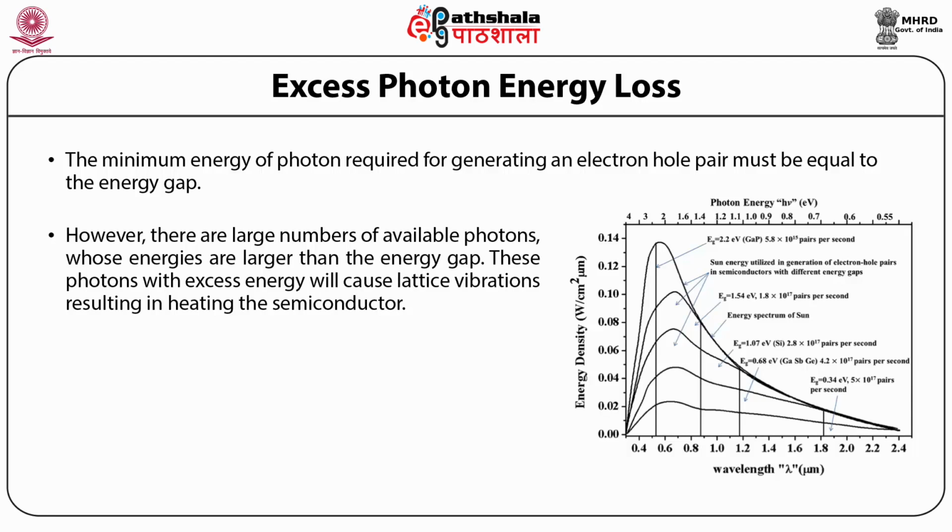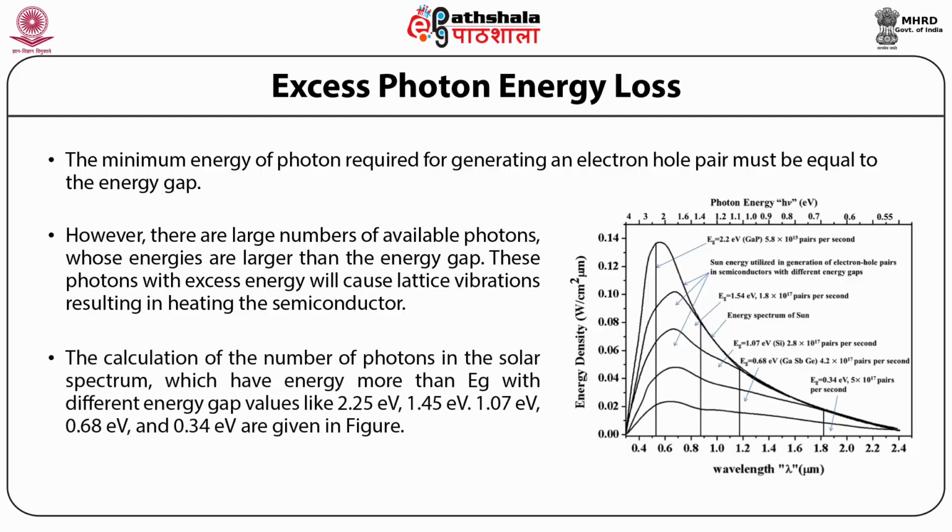However, there are a large number of available photons whose energies are larger than the energy gap. These photons with excess energy will cause lattice vibrations, resulting in heating of the semiconductor.